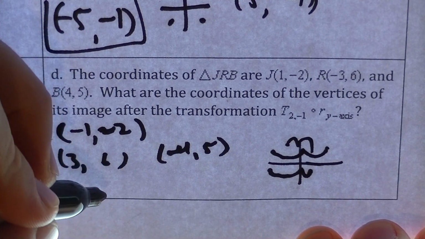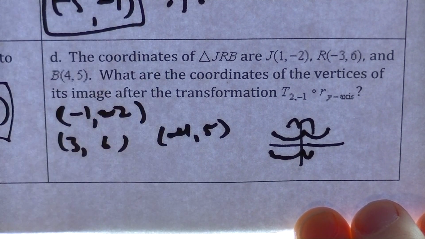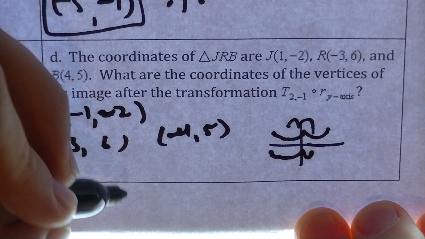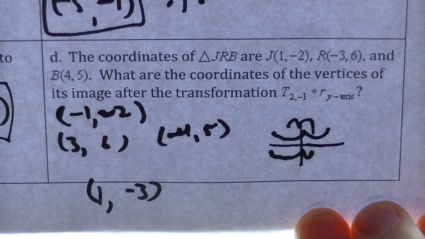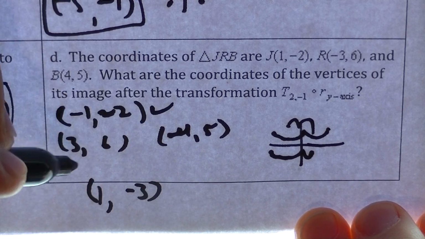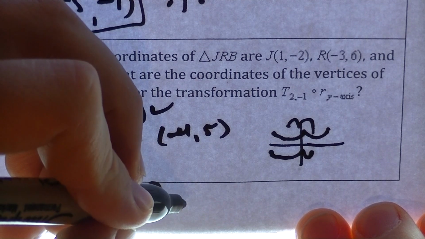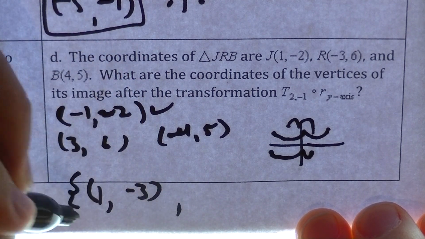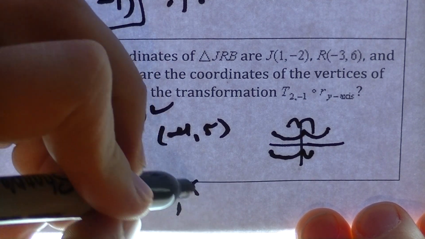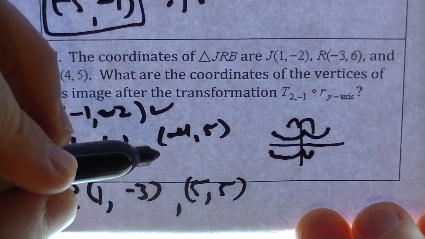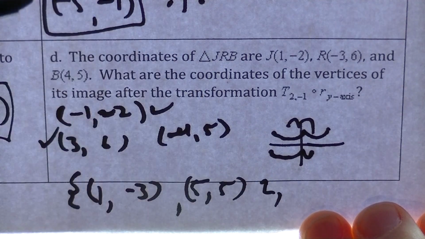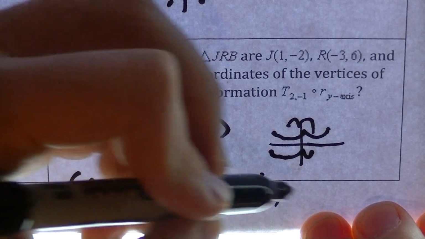And then I translate 2 to the right and 1 down. I'll write them in a row this way. 2 to the right from -1 gets me to +1, and 1 down from -2 gets me to -3. Then 2 to the right, 1 down gets me to (5, 5), and then (2, 4).